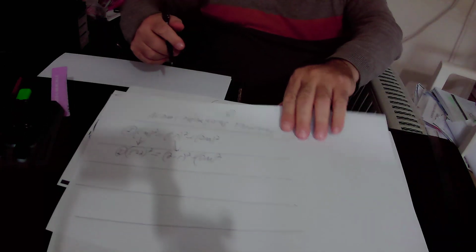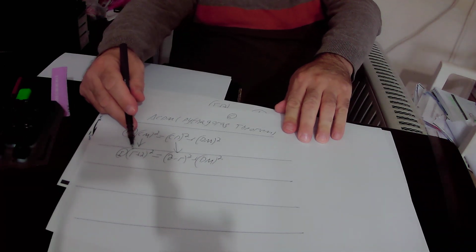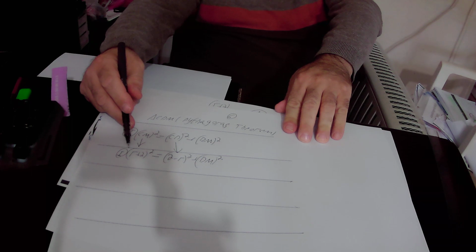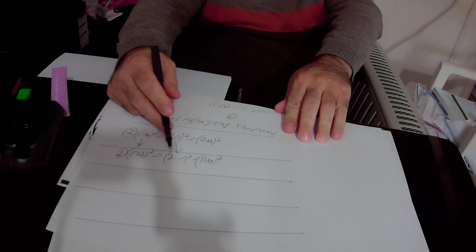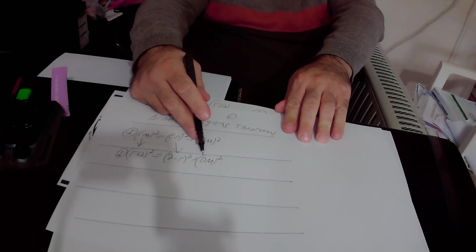I will repeat again. CM equals R plus 2, therefore CM square will be equal to R plus 2 square. CD equals 2 minus R, therefore CD square will be equal to 2 minus R square, and DM square equals DM square.